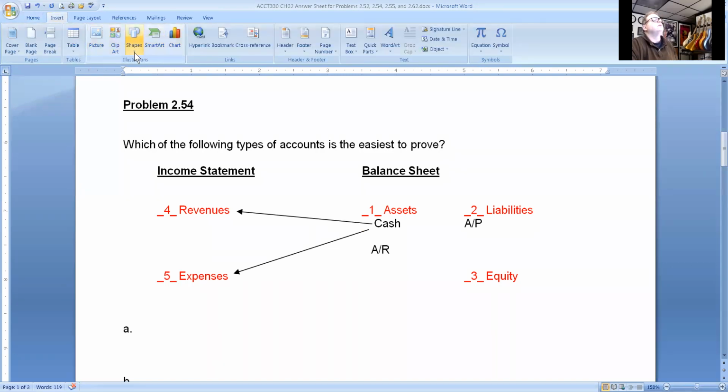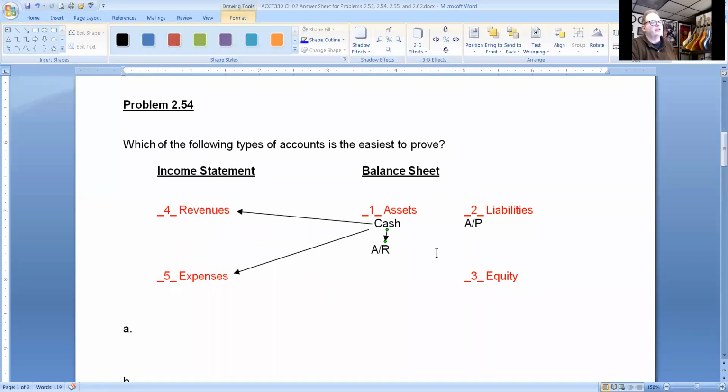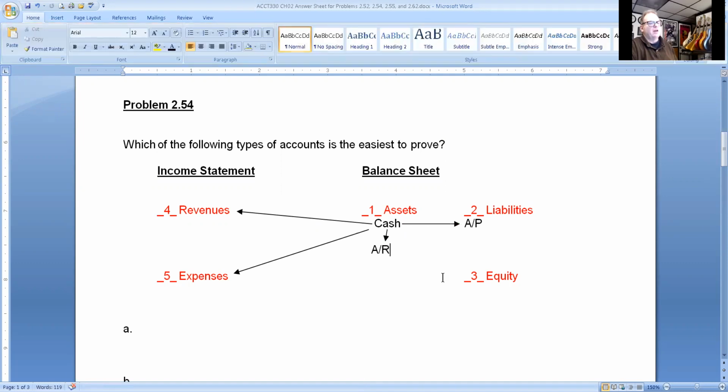Also, you say, okay, well, sometimes we don't get cash for our revenue. Sometimes it's accounts receivable. Okay, well, accounts receivable is going to end up going through cash. And same thing for the expenses. Sometimes we don't pay them right away. Well, it'd be an accounts payable, right?